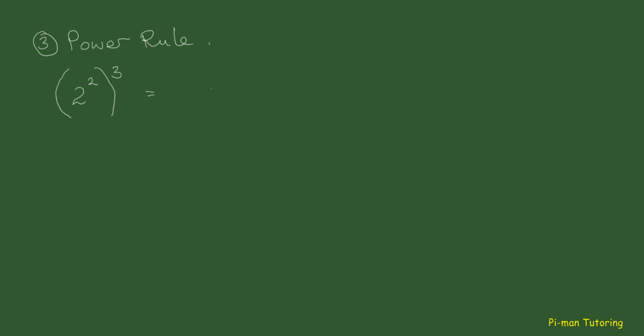Well, this means I've got 2 times 2 multiplied by itself 3 times, so that's 2 times 2 times 2 times 2 times 2 times 2. 2 multiplied by itself 6 times, so that's 2 to the power of 6.